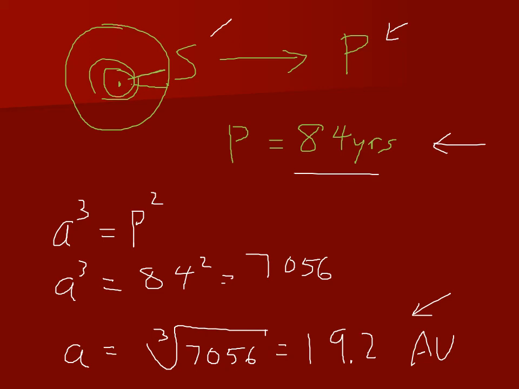And this was a huge step forward, because they could then figure out that, for example, Mercury orbits the sun at an average of about 0.39 AU. They could find that Venus orbits the sun at about 0.7 AU. Mars orbits the sun at about 1.4 AU. Jupiter orbits the sun at about 5.2 AU. They found that Saturn orbits the sun at about 9.5 AU.